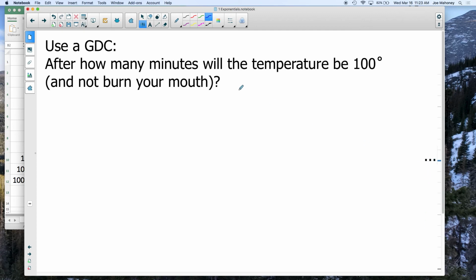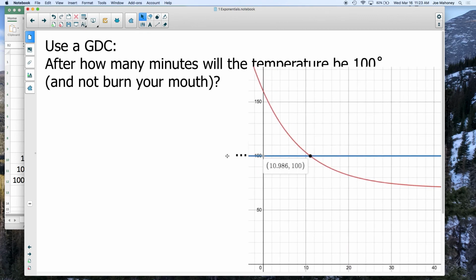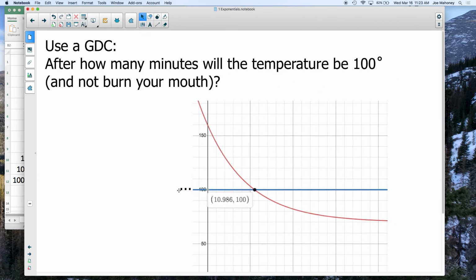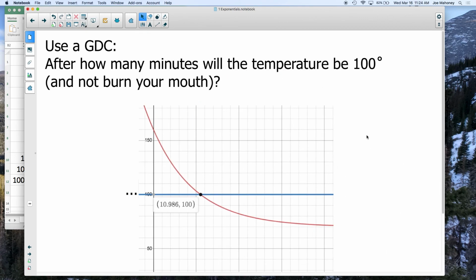Alrighty, I went to my handy dandy Desmos and I graphed it. Check it out. The red graph is my exponential function. And if you look at it, the initial temperature looks like it's around 160. And it looks like it's leveling off right around, what is that? That's 100, that's 50. So is this like 70?